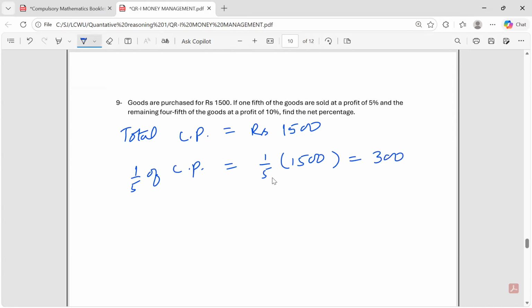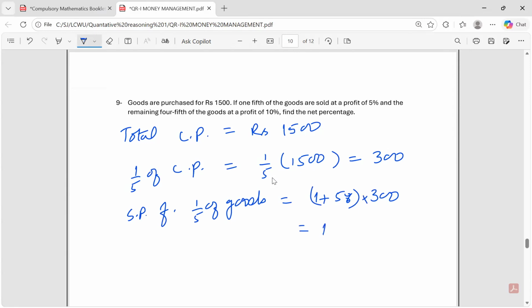So the sale price for 1/5 of the goods, at 5% profit, is 1 plus 5% of 300.